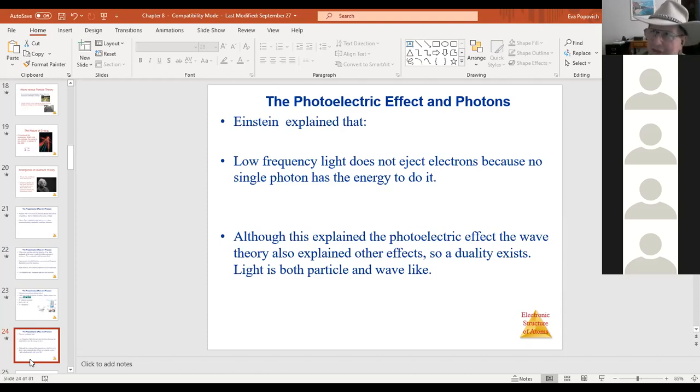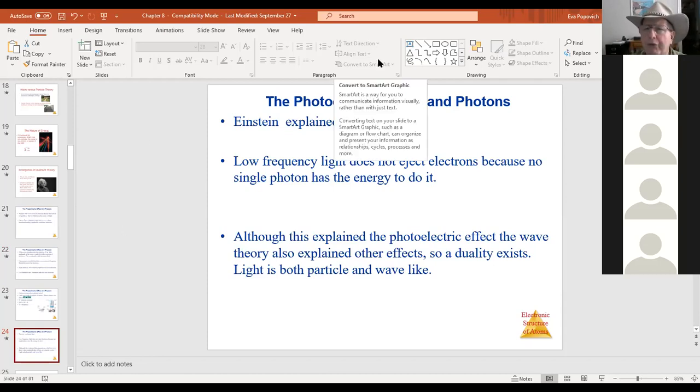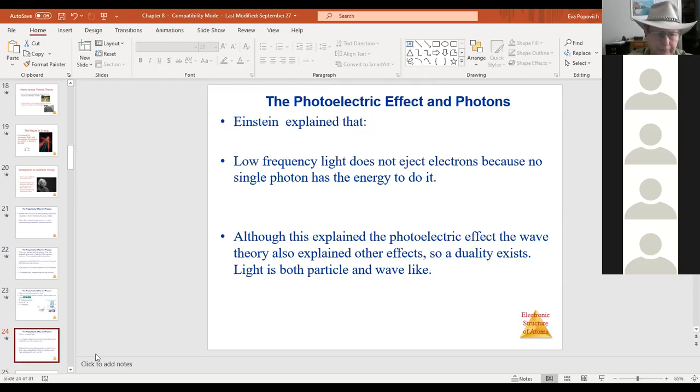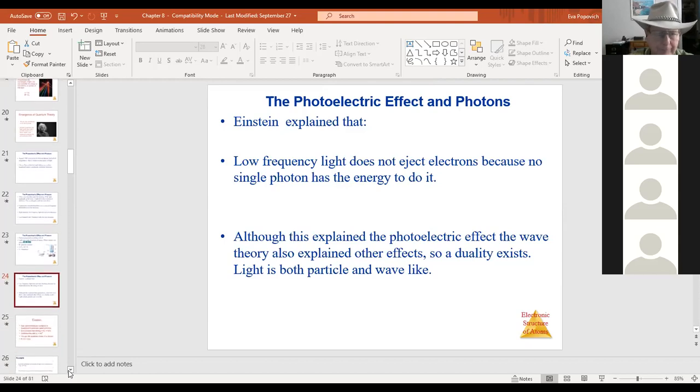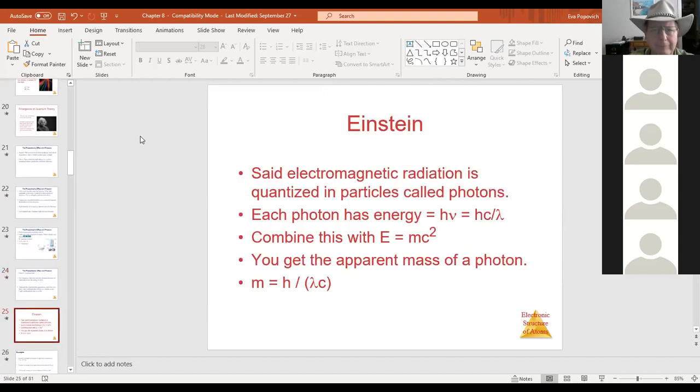Although this explained the photoelectric effect, there are other phenomena that the wave theory works for but the particle theory doesn't. So Einstein is thinking there's got to be some wave nature and some particle nature to this.